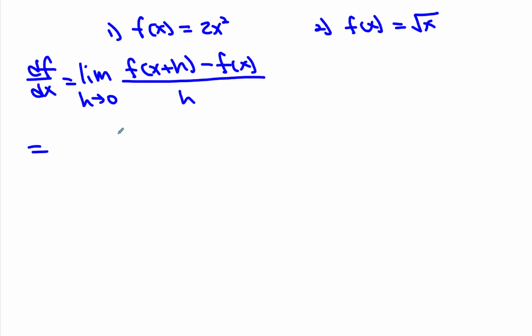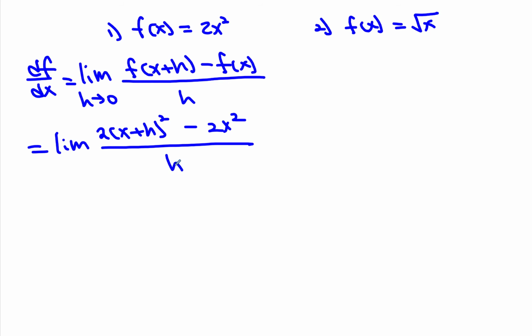So what I'm getting is limit of 2 times x plus h squared minus 2x squared all over h as h approaching 0. I understand I can factor the top and then try to calculate the values, which is much easier, but I'm just going to expand it anyway. Because in that way, it might be a bit easier for you to do cubic or quartic or any other functions.